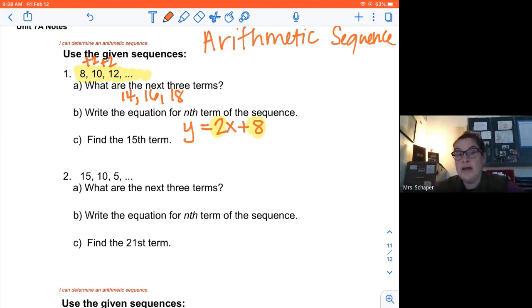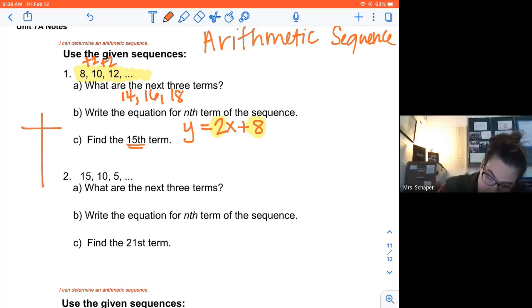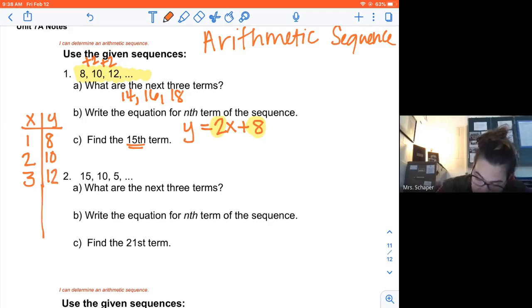Now, here's where I need you to really listen. If we're going to find the 15th term, I want to show you something. Okay, if I have x and y, so my first term is 8, my second term is 10, my third term is 12, my fourth term is 14, my fifth term is 16, okay?